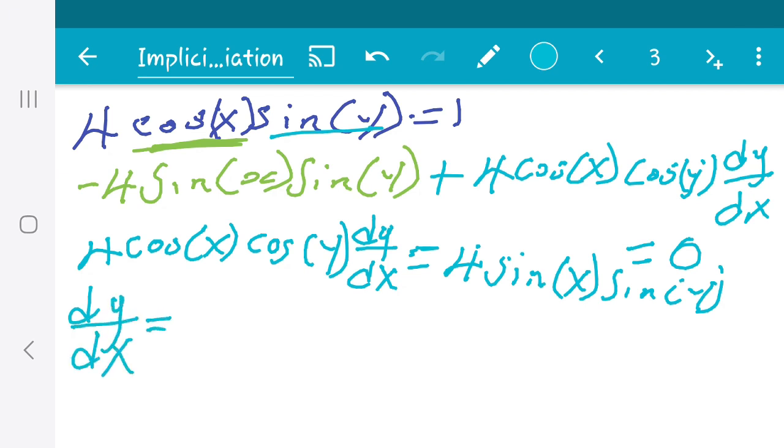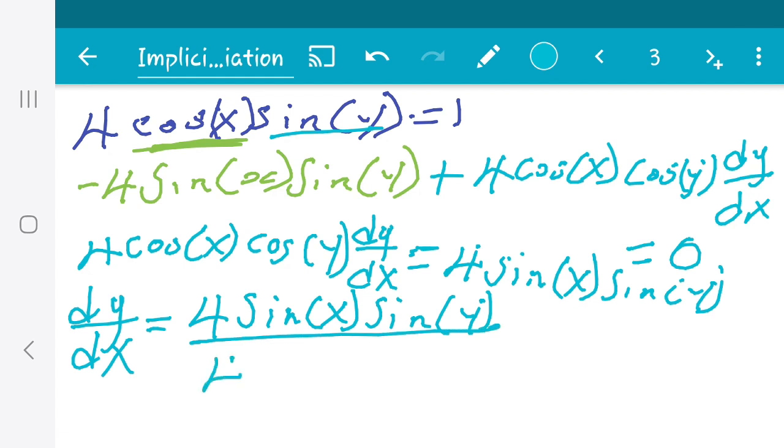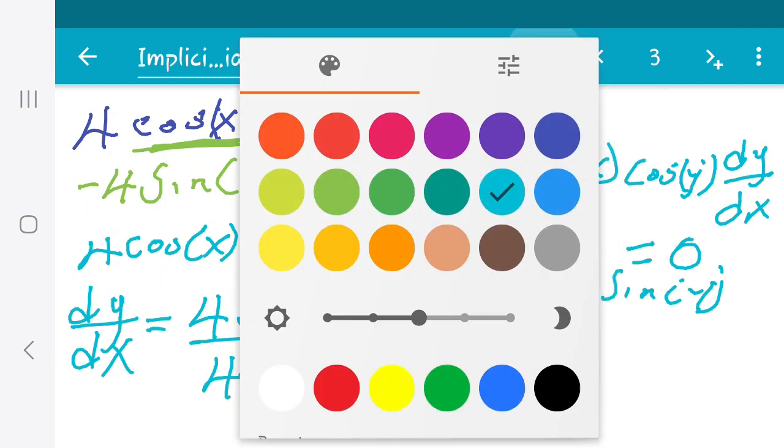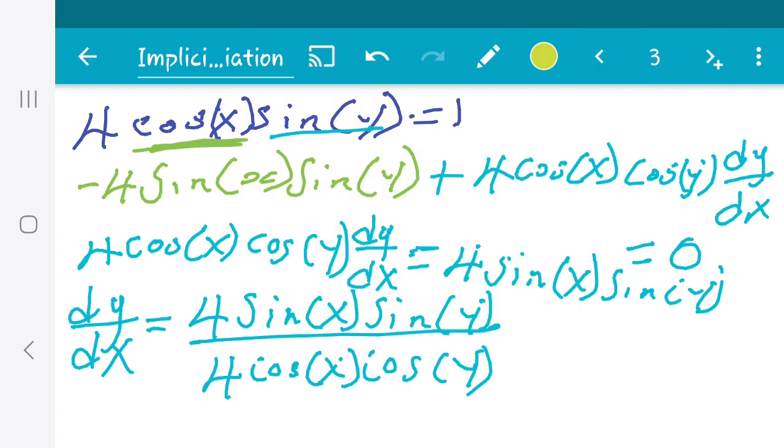It's equal to 4 sine x sine y over 4 cos x cos y. And now how can we simplify it? We can cancel 4 and 4.